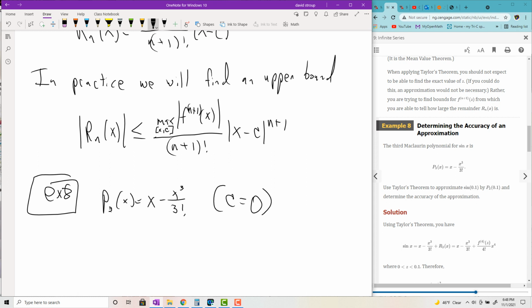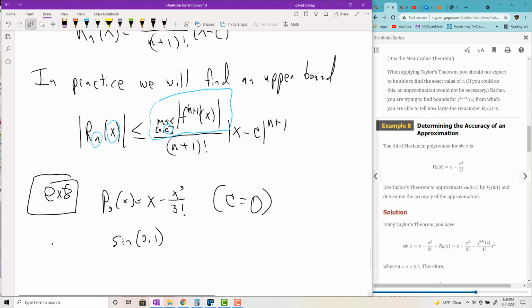So let's take a look at that. So to work with this r sub n thing, there's a lot of variables floating about, right? There's n, there's x, there's the c, there's this max thing, and that's about it. So there's 4 things basically. When I start these, I kind of try to identify all that information. So in particular, they want sine of 0.1, right?